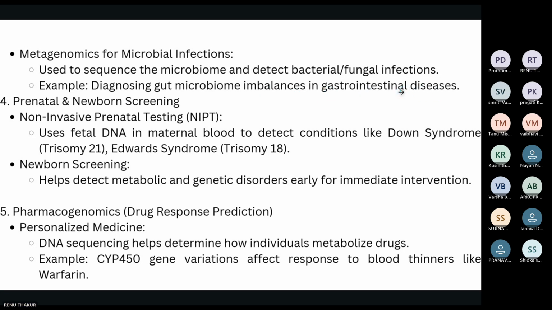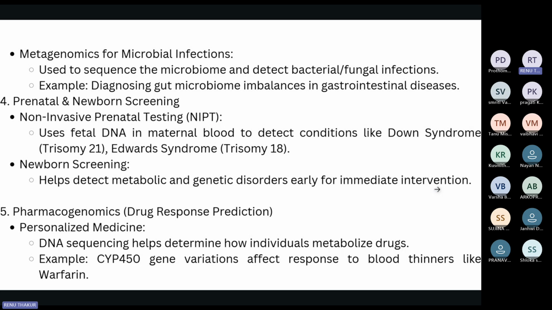Next, sequencing helps in prenatal and newborn screening. We have non-invasive prenatal testing, which uses fetal DNA in maternal blood to detect conditions like Down syndrome, Edwards syndrome, etc. Newborn screening helps detect metabolic and genetic disorders early for immediate intervention.